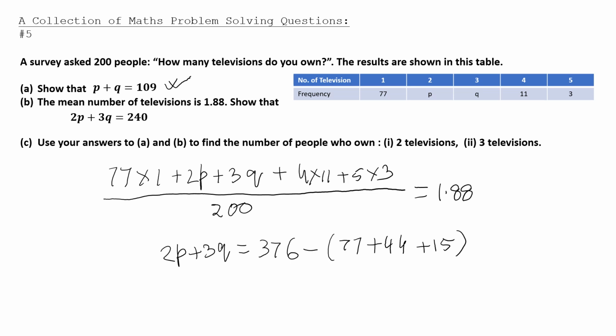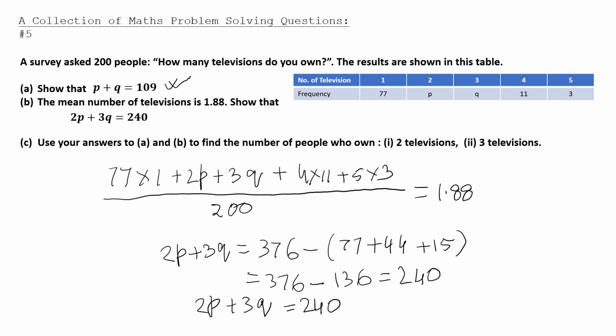So that means I have to take away 136 from 376, and that equals 240. So that completes the proof that 2P plus 3Q equals 240. So we have done that.